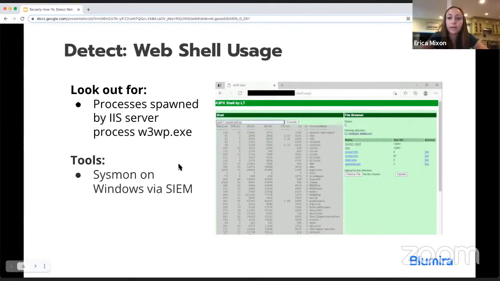Right. And this is something that you can detect with Blumira as well if you've deployed Sysmon, which is a free tool. So that's kind of a no-brainer to deploy Sysmon in your opinion, right, Brian? For sure. Windows by default doesn't do a whole lot of process monitoring.